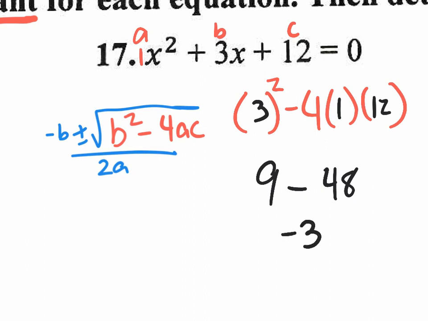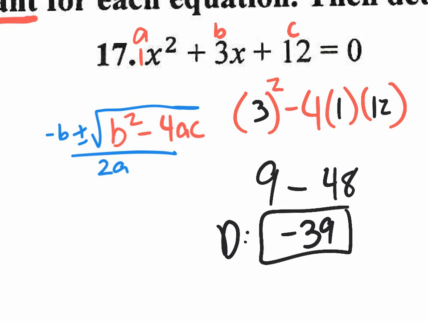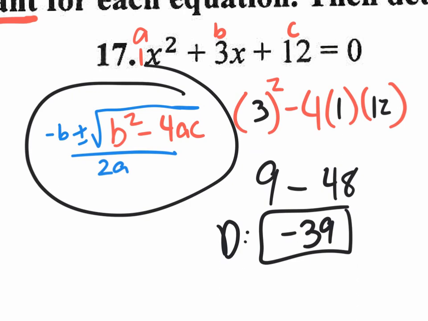It's negative 39. Correct? Yes. So my discriminant is negative 39. What does that tell you guys? If I were to do the entire quadratic formula, will I get real answers? No. Why not? Because if you have negative 39 in here, the square root of any negative number is imaginary.